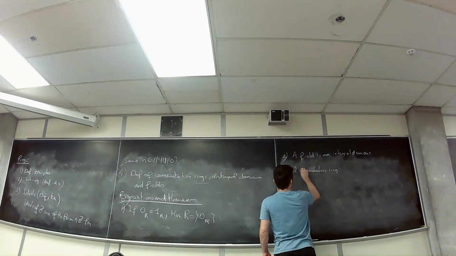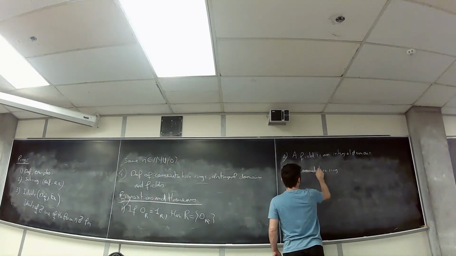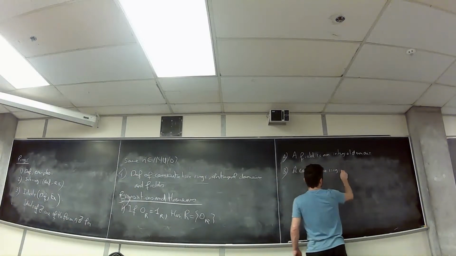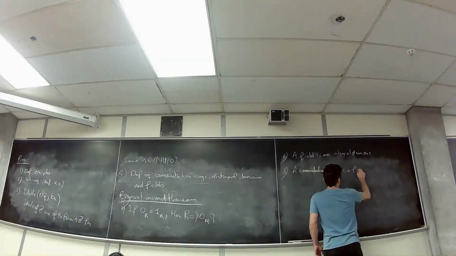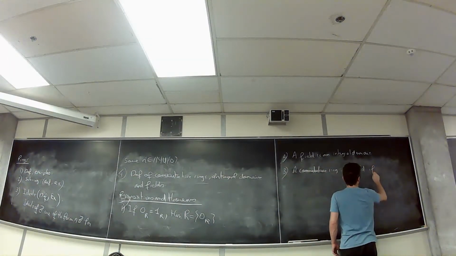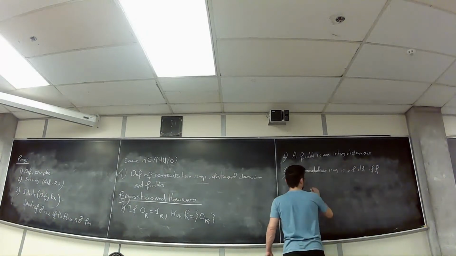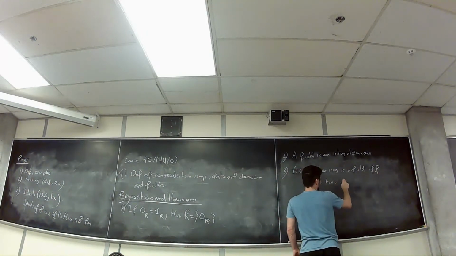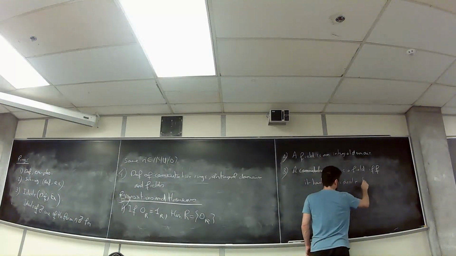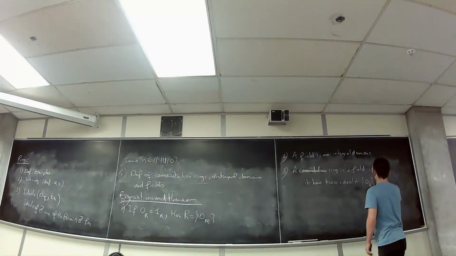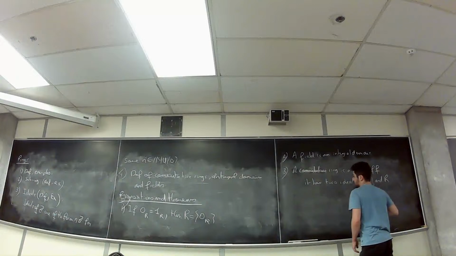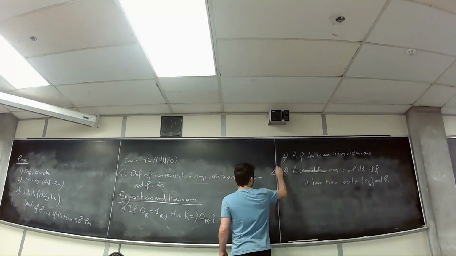A commutative ring is a field if and only if it has two ideals, 0 and R. This is a very important one.